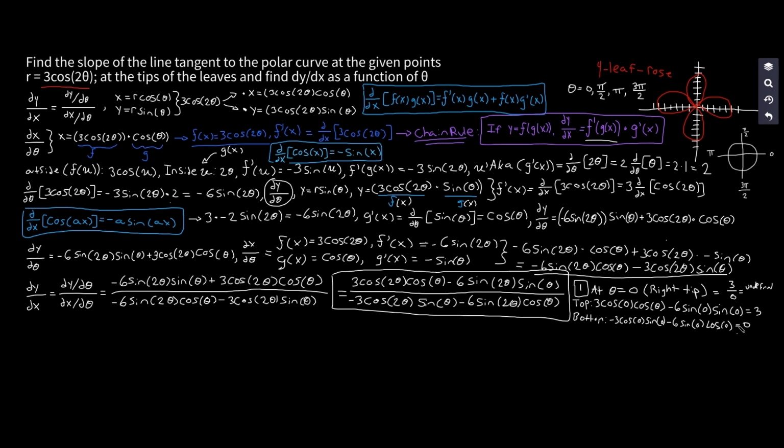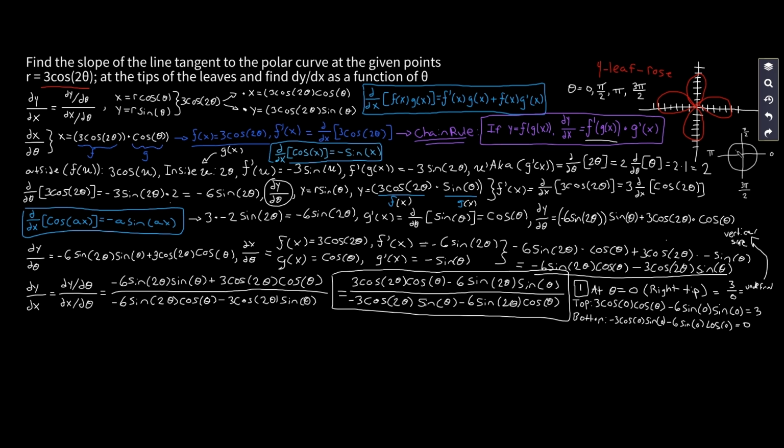Undefined is a vertical slope. Basically, we have 3 divided by 0, which is undefined, right? If it's undefined, that means that there's a vertical slope.